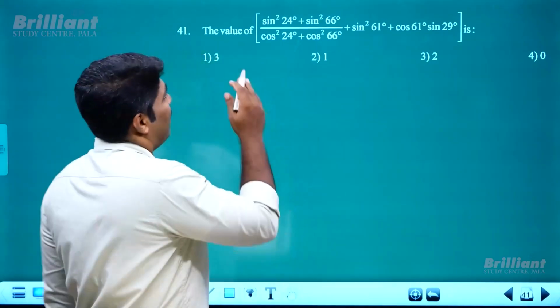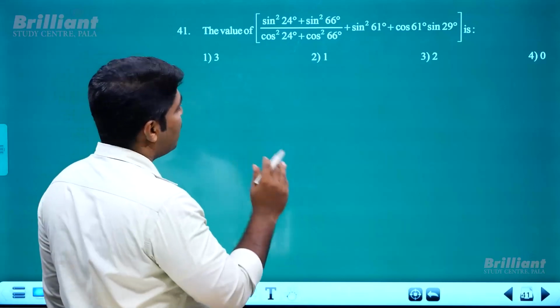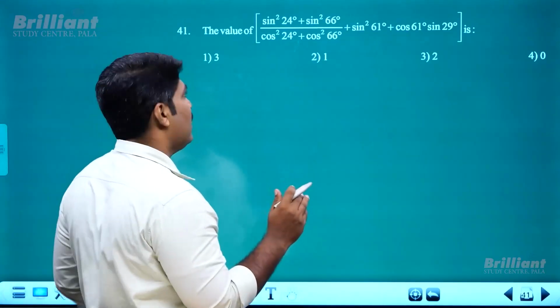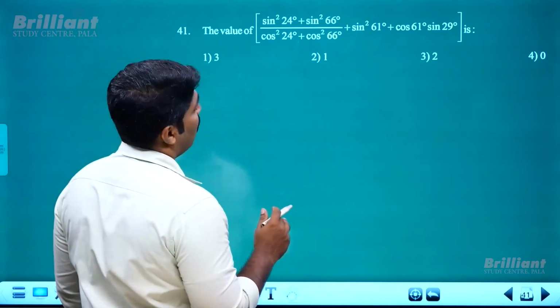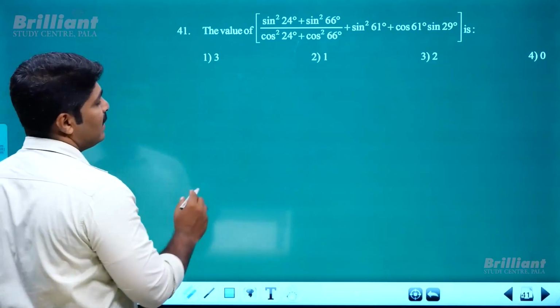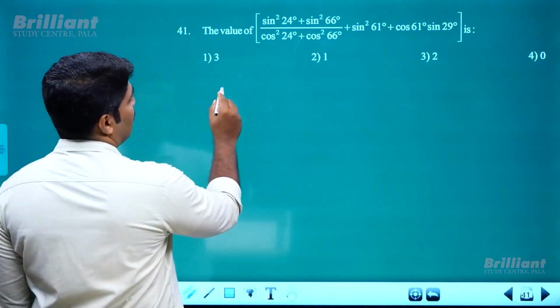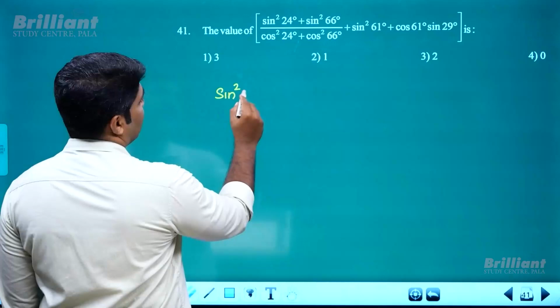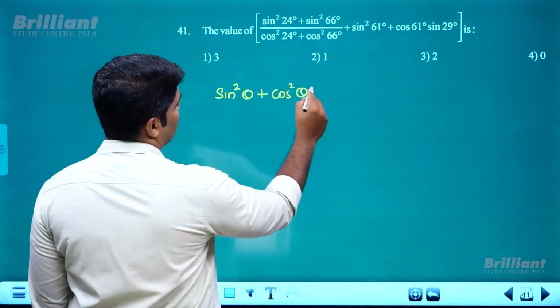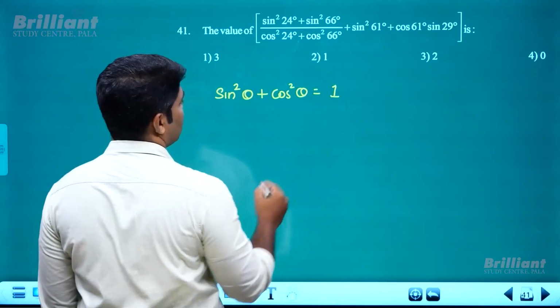So here, we can consider what's the logic. Before moving to the solution of this question, I will just recall some of the basic values, like the identity of trigonometry, that is sine square theta plus cos square theta. What is the value of sine square theta plus cos square theta?